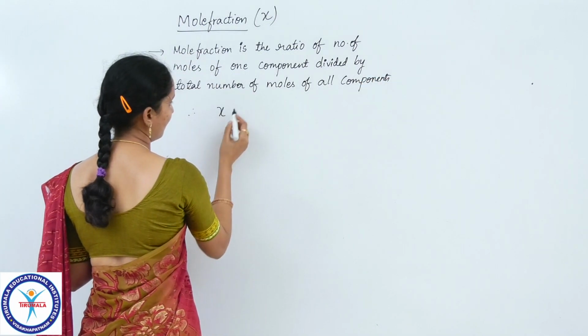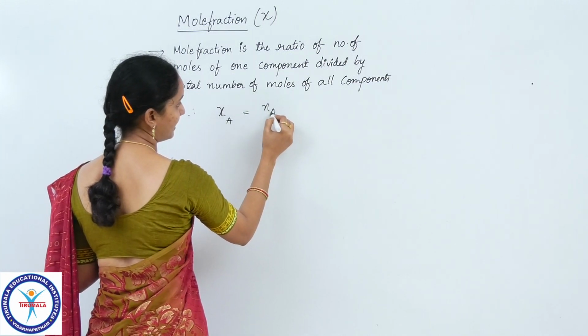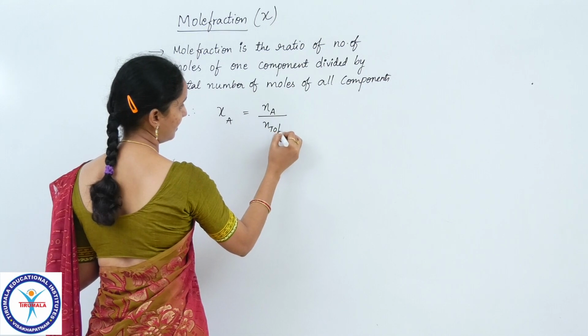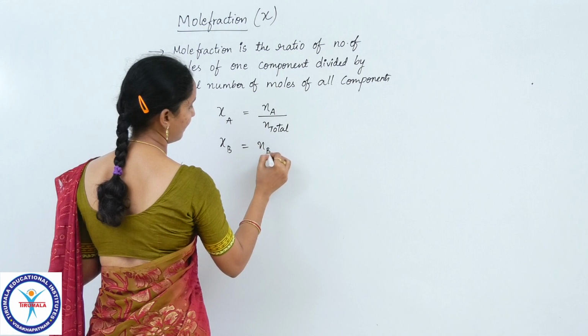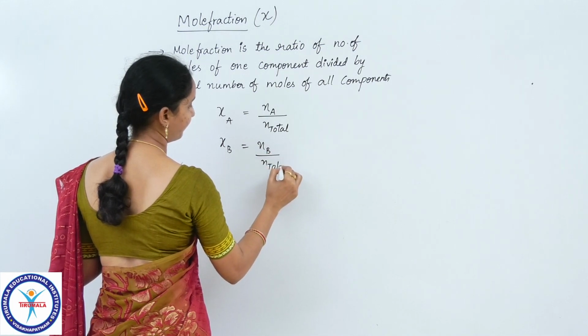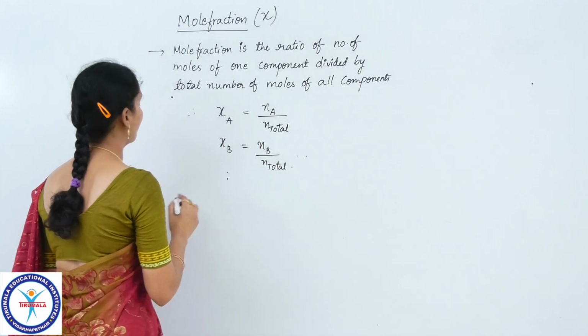Therefore, mole fraction of particular component A becomes Na by N total. Mole fraction of component B becomes Nb by N total. So on, you can write for any number of components.